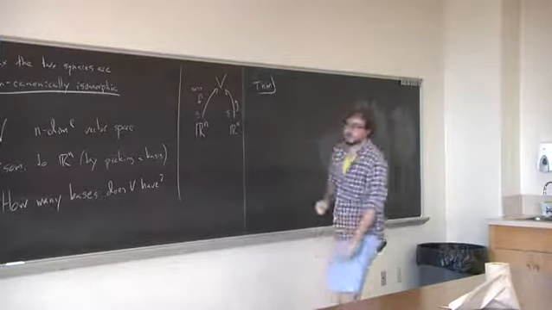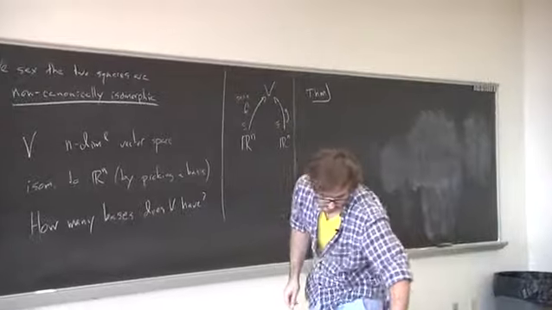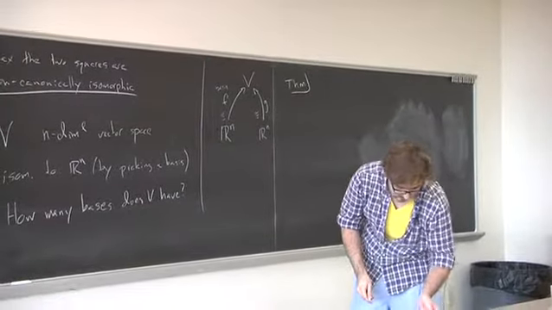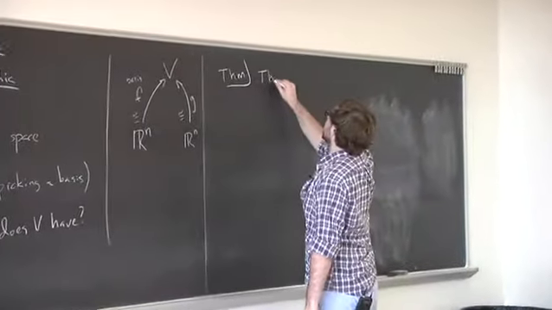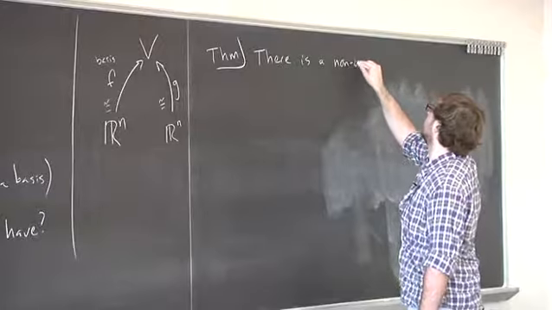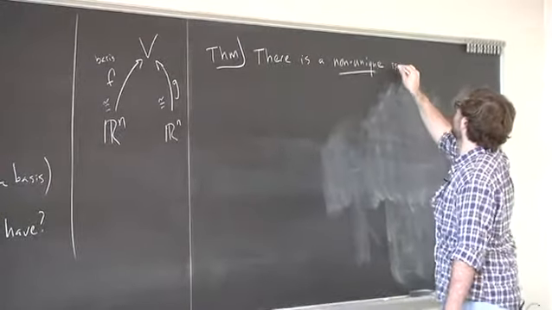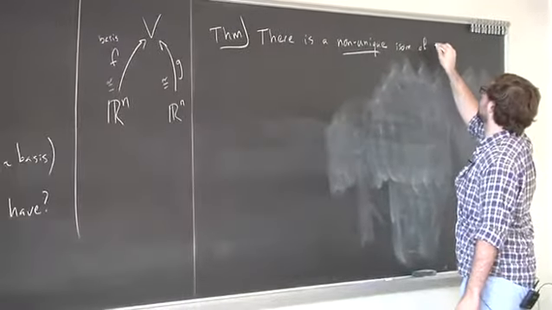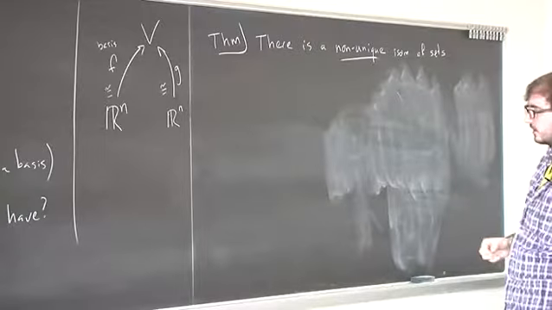So here's the first little theorem that is the linear algebra version of what we're going to be dealing with. There is a non-unique isomorphism of sets, just a set bijection. There's a little bit more structure here, but we're not going to worry about that currently.